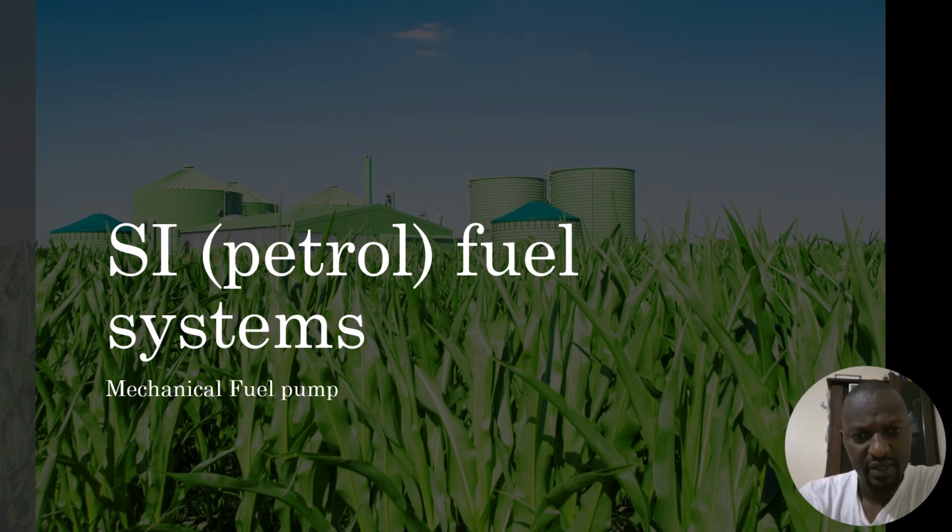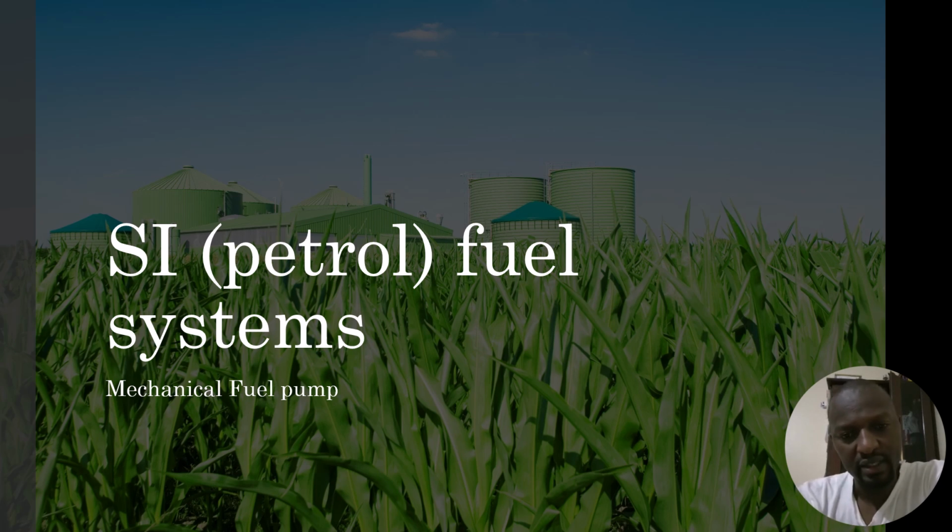So previously we talked about the fuel supply system of the petrol engine, and we looked at the various components that make up a fuel supply system, and then we agreed that how we lay out these systems will give us various designs according to application.